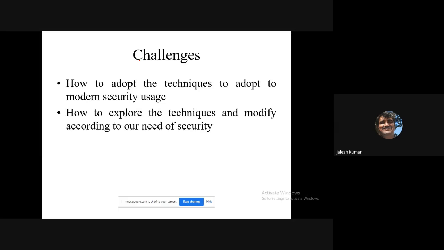And when you are talking about all these operations that we normally use in bioscience, whether genetic, cellular, or any DNA sequence, how you can incorporate them, or how you can add a hybrid technique, which is a combination of these two or three, or any selection among them, and how to utilize that is the challenge. Explore the techniques and modify them according to our security needs. That's what is needed here, according to our needs.